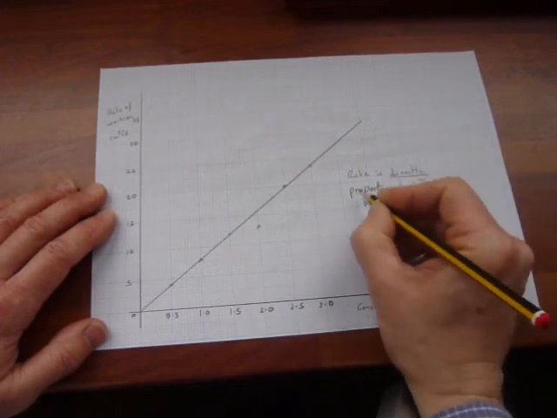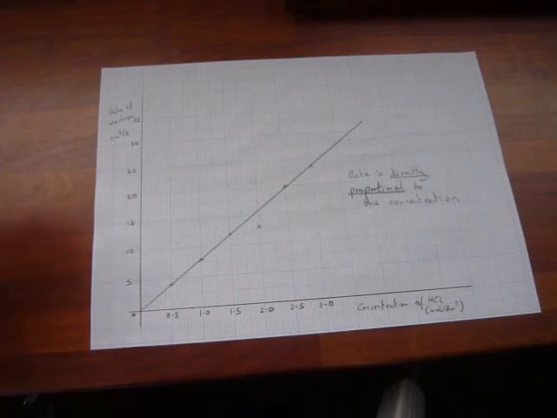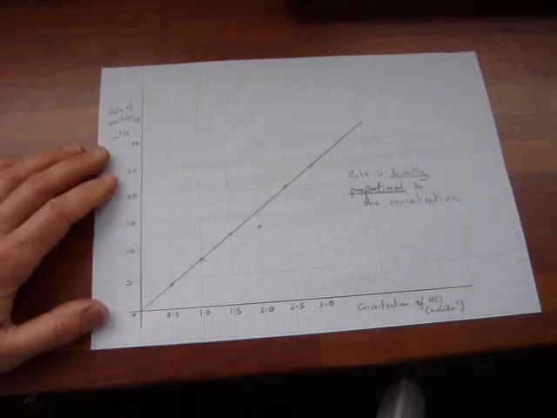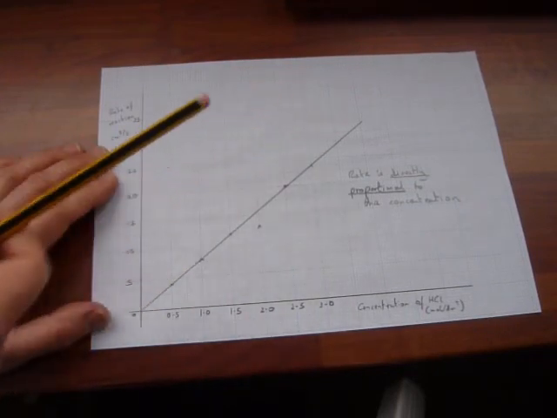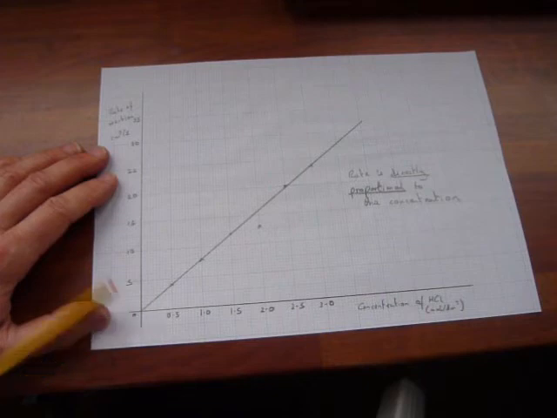People like this phrase, directly proportional. But for something to be directly proportional, it needs to be two things. It needs to be a straight line, and it must go through the origin. If it's just a straight line but doesn't go through 0, 0, it's not directly proportional. But in this case, it very clearly is.